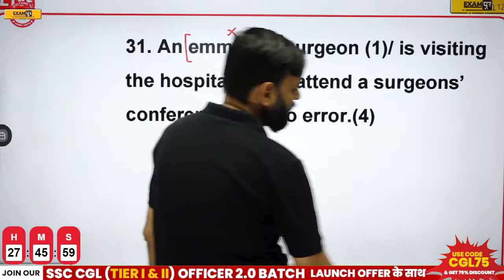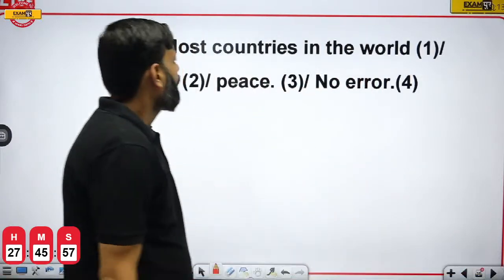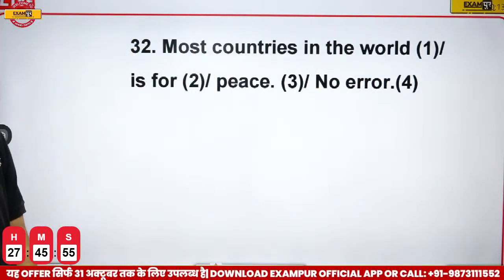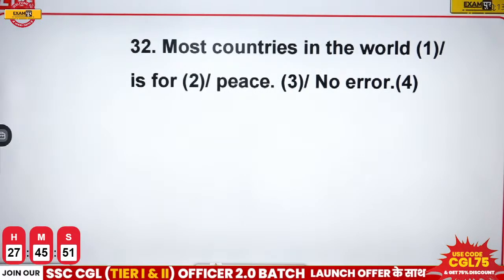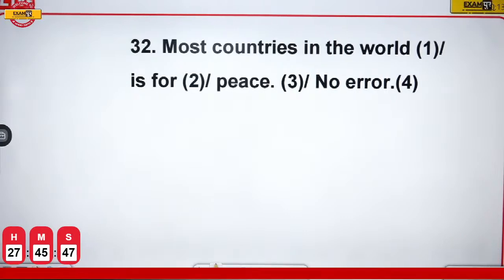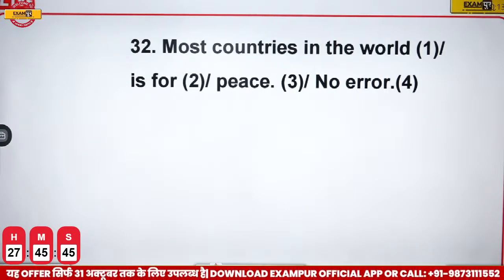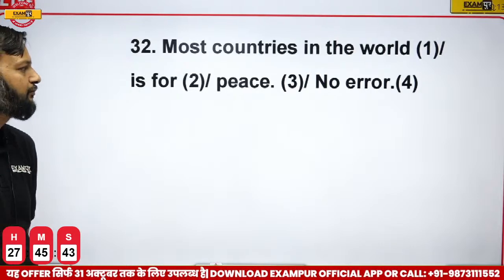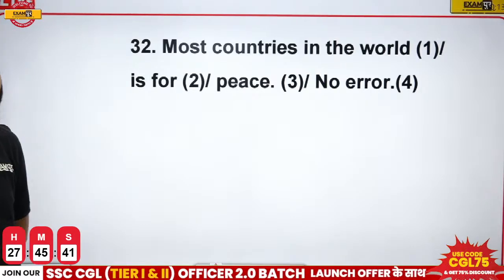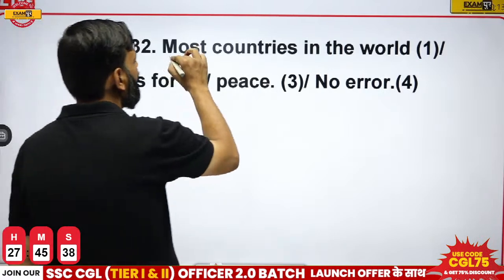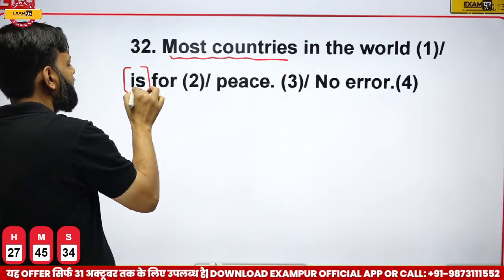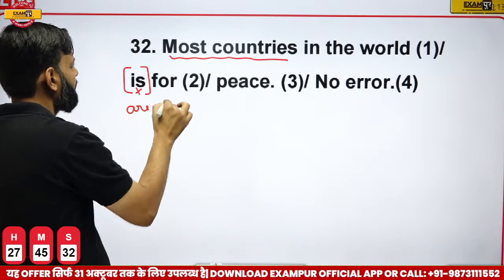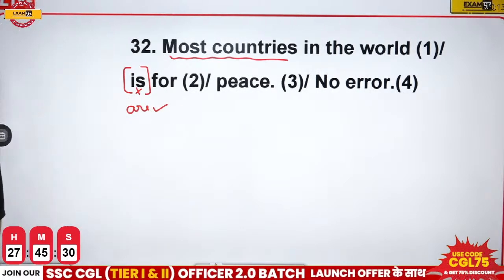Now the next one. Most countries in the world is for peace. This question is very easy. Here we are talking about most countries, which is plural. So is will be replaced by are.